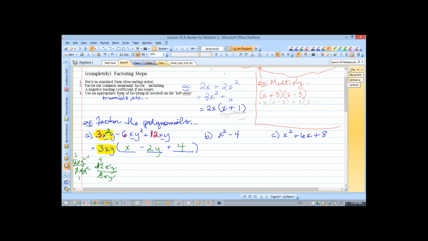That should be minus 3. What I've done here is I've taken each term in my first polynomial, the x plus 3, and I've distributed into the second polynomial. You get the same result that you would get with FOILing, by the way. The reason I'm showing you this is you can extend this to a trinomial, any polynomial. This is really how you do it, but I'll FOIL from here on out. I just want to show you guys this.